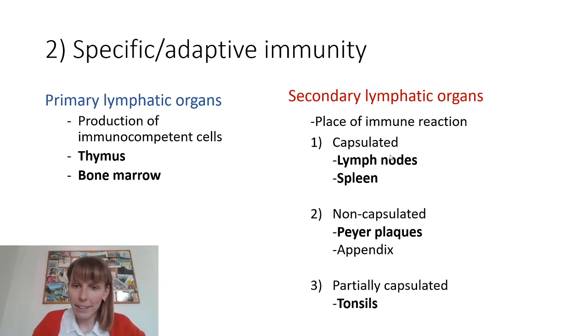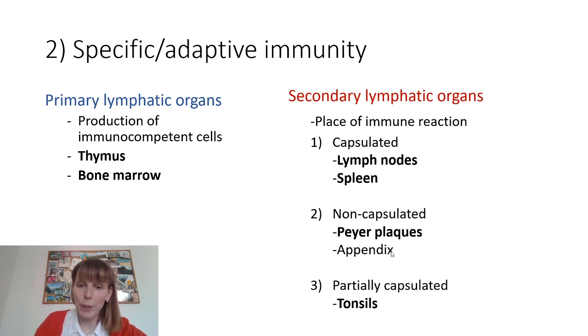So capsule is the connective tissue layer around the whole organ, and this will be the case for lymph nodes and the spleen, which we have already mentioned, and non-capsulated, so no capsule at all, will be the Peyer's patches in the intestine.